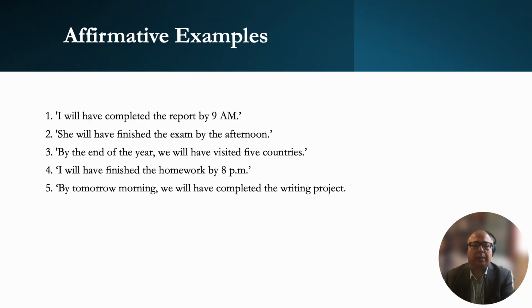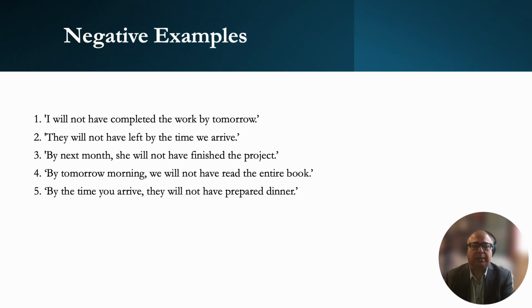By the end of the year, we will have visited 5 countries. So notice the time expressions in these sentences. By 9 a.m., by the afternoon, by the end of the year, by 8 p.m., and by tomorrow morning. These are the time expressions used in the future perfect tense.